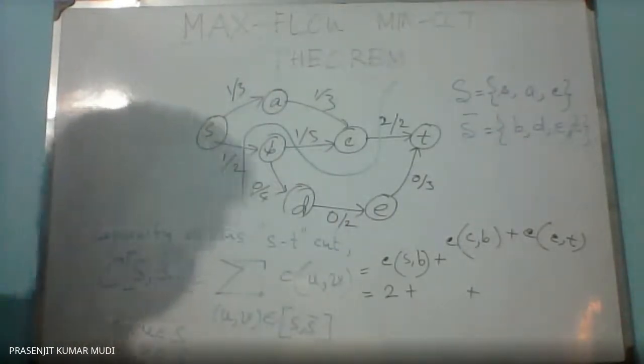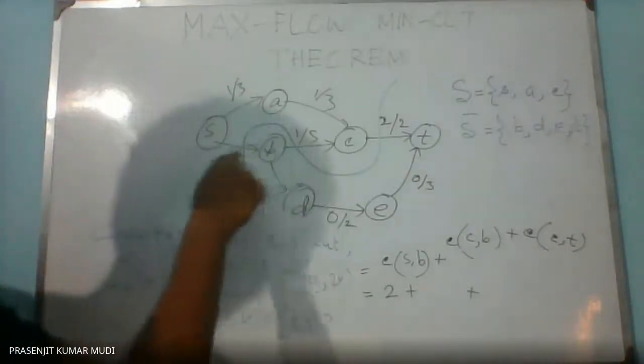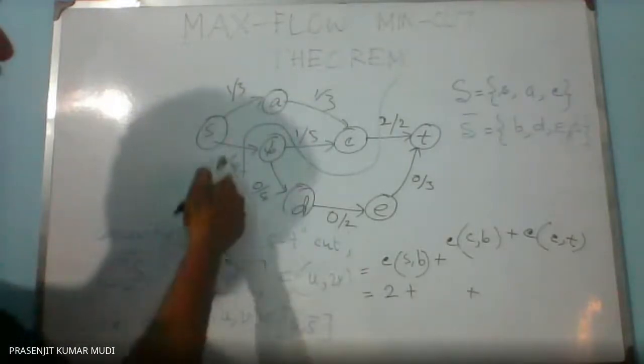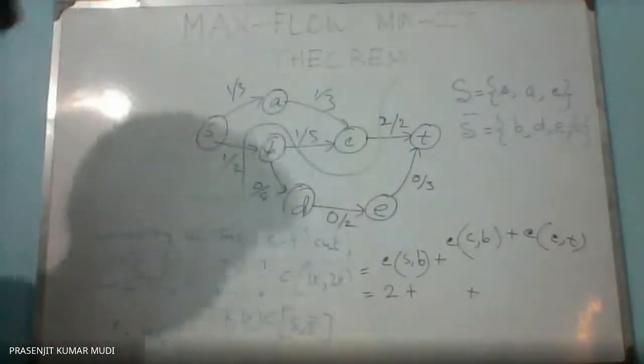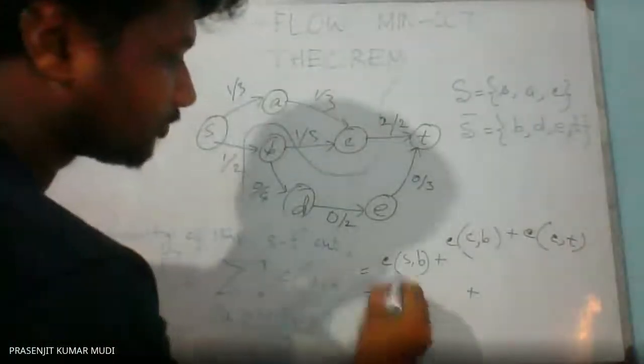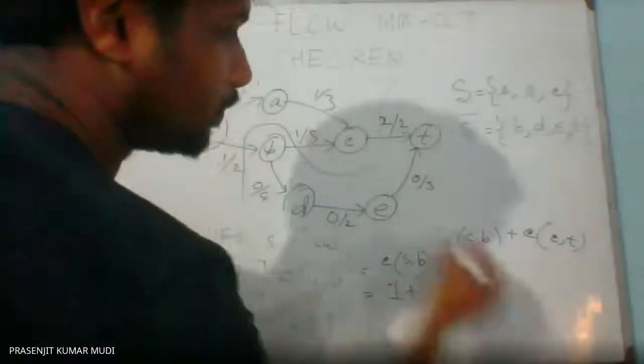So here the capacity of the edges in a cut are actually the flow amounts 1. Okay, so as per that C of S comma B will be 1, not 2. So again I will double check it, so that we don't have any confusion. So this is 1 and this is 2.